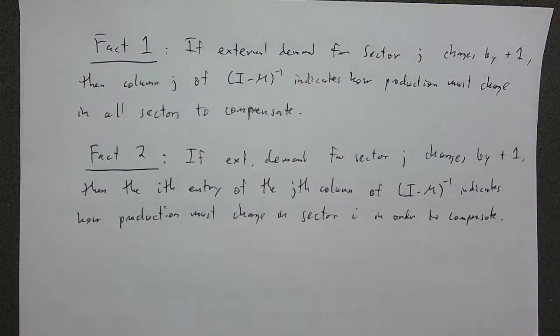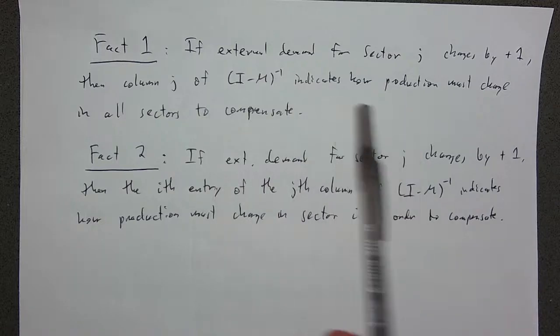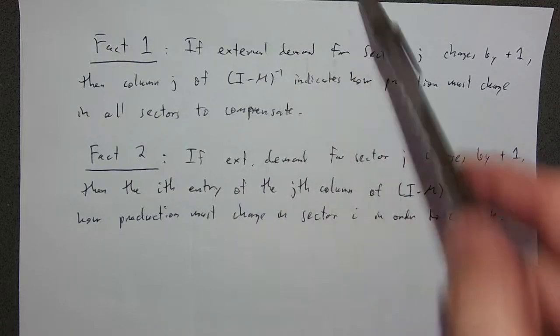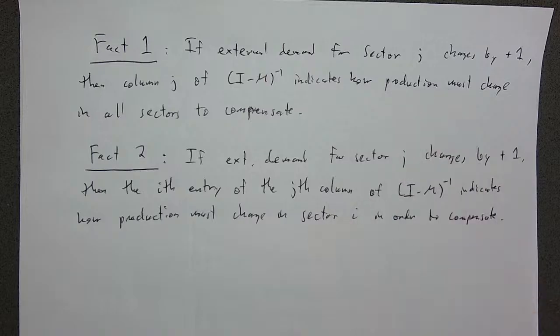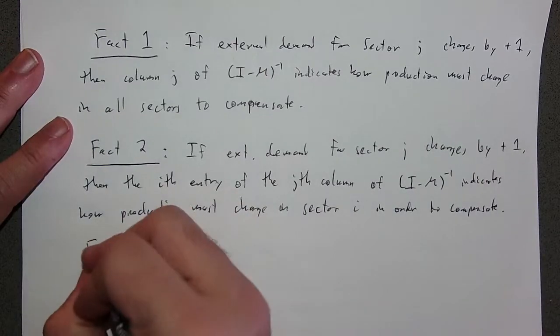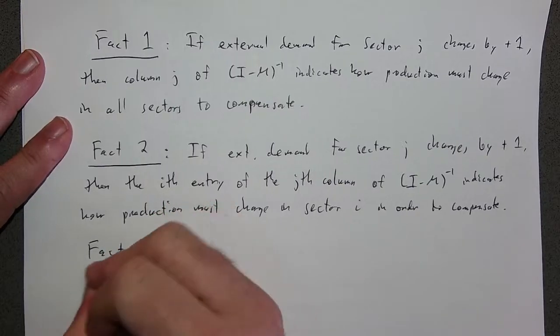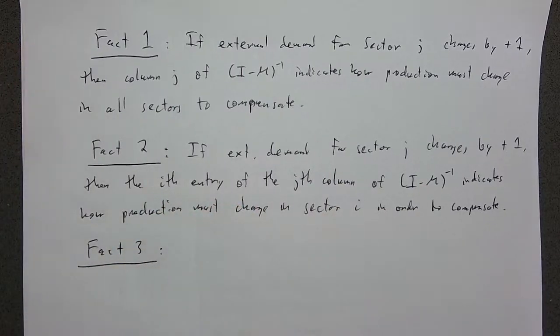So if the previous fact contains how production must change in all the sectors, what we mean is that entry by entry, it contains exactly how it must change in each sector individually. And even better, you might say, that's great that we know what happens when demand changes by 1, but frequently when we update our external demand, it's not going to be in 1 unit increments.